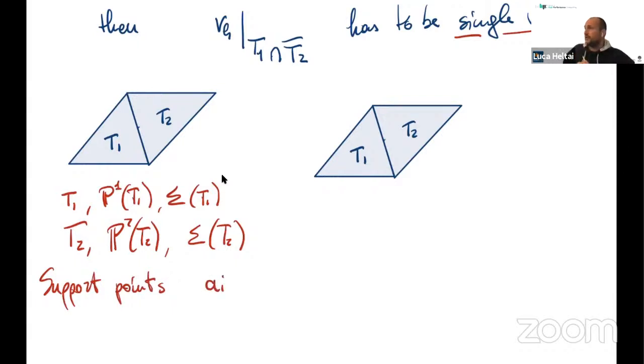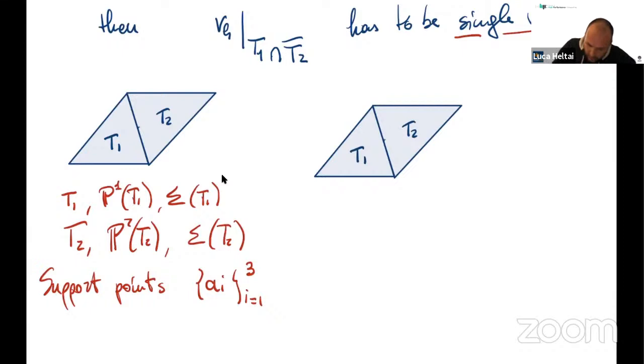So for P1 in T1, we have support points AI that go from 1 to 3, so we have 3 degrees of freedom associated to every single element.